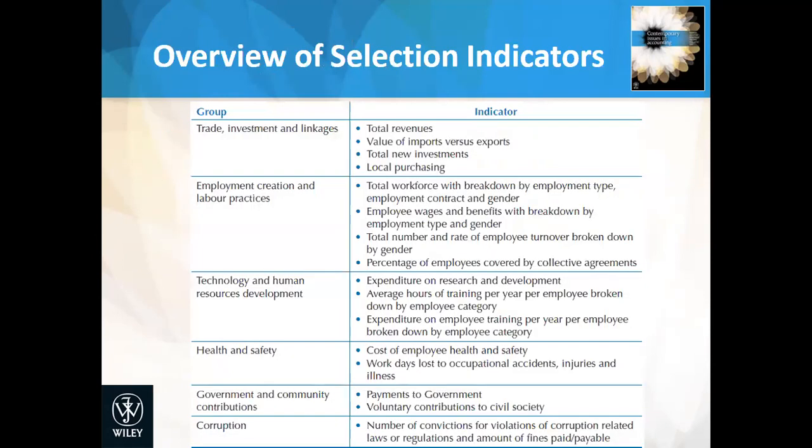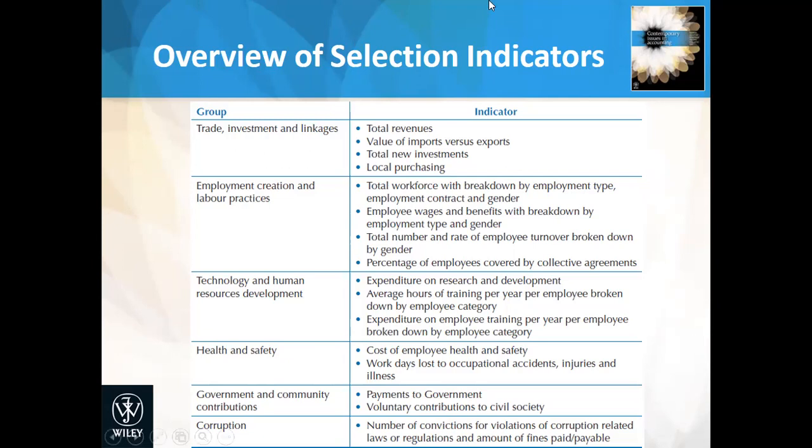Next would be an overview of selection indicators. Here are the items, topics, or areas that we look into, and what would be our indicators for such possible sustainability items.